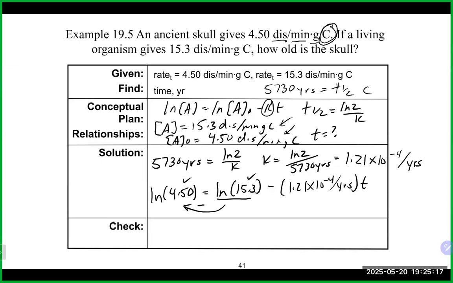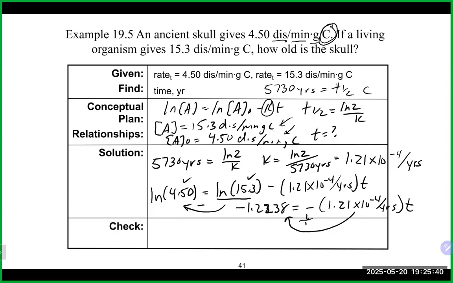If you do that, you end up with negative 1.238 equals negative 1.21 times 10 to the minus 4 reciprocal years times T. We're going to divide this to the other side.